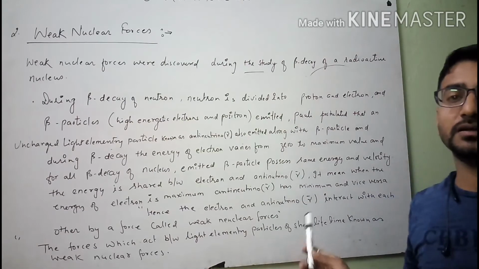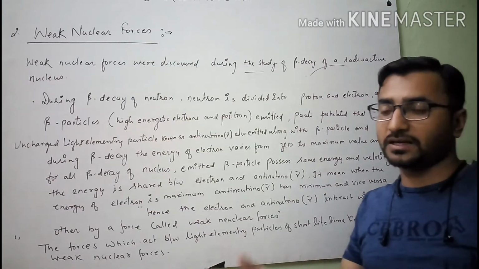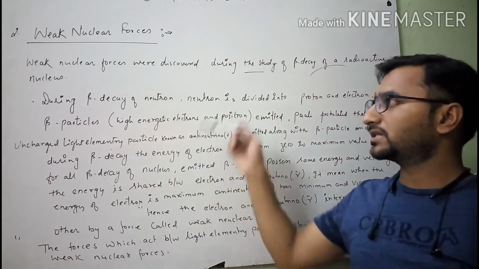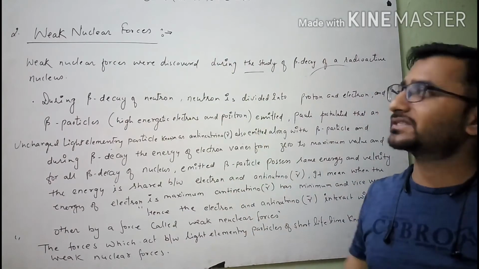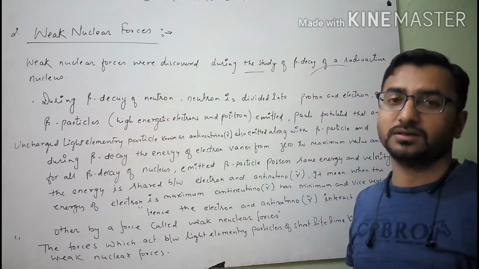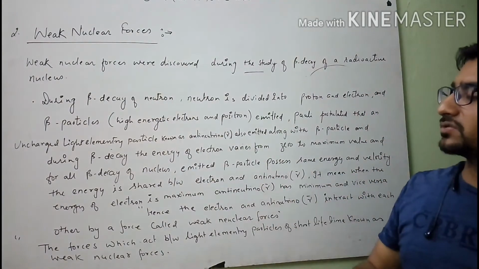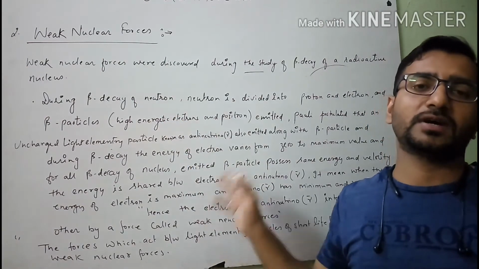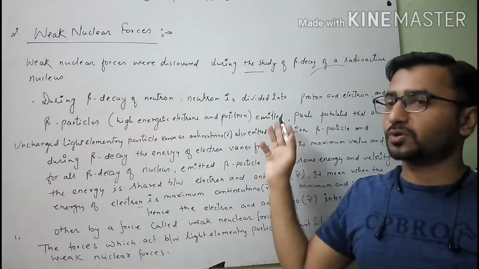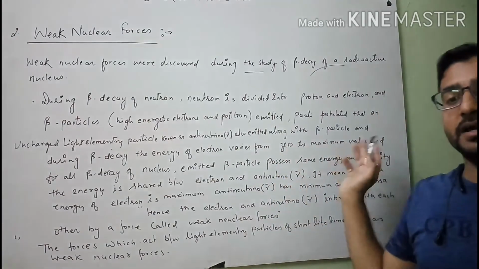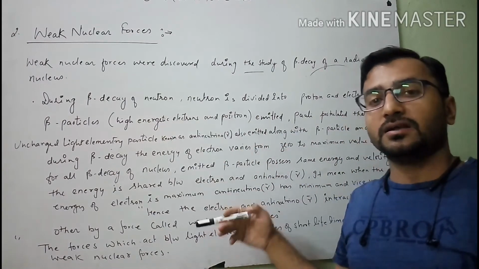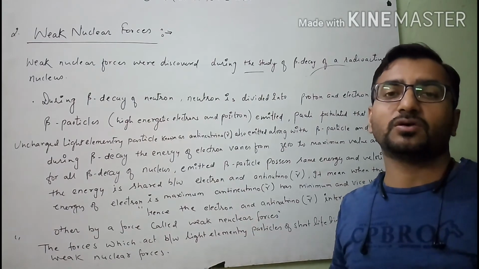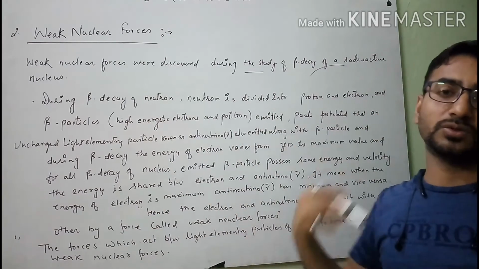Because you know that it is impossible to get any kind of energy from the nucleus by a normal reaction, that's why this type of force is important for nuclear reaction. After the beta decay, the neutron is divided into two parts, one is proton, the other is electron. And in beta decay, the high energetic electrons or positrons, which are called beta particles, are emitted from the nucleus.